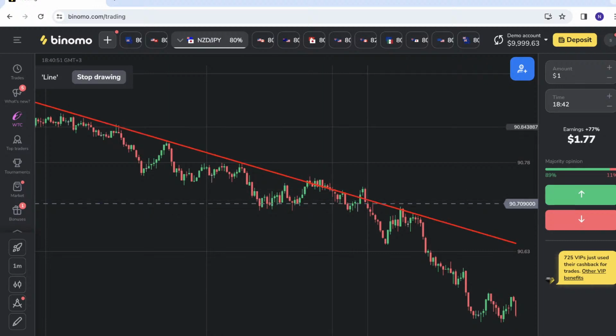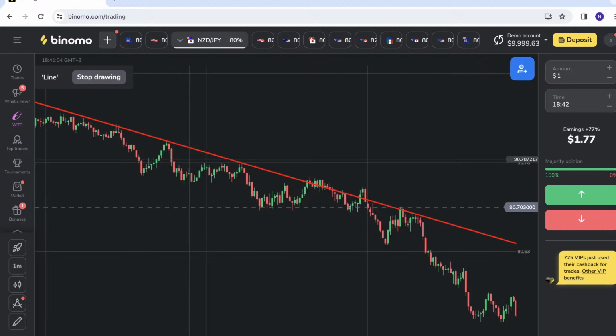I can see that price goes down. This is a downtrend. I already predict the direction of the trend. And I also know that if price rises, the first target will be my resistance line. So when price comes to the resistance line, I will open a down trade.